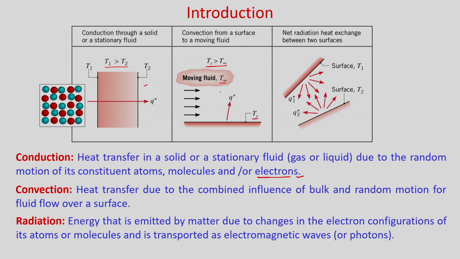surface to the fluid. In this mode, you see that the fluid which is just residing on the top of the surface is in direct contact with the surface, and here the conduction mode of heat transfer will take place from the surface to the immediate fluid molecules.